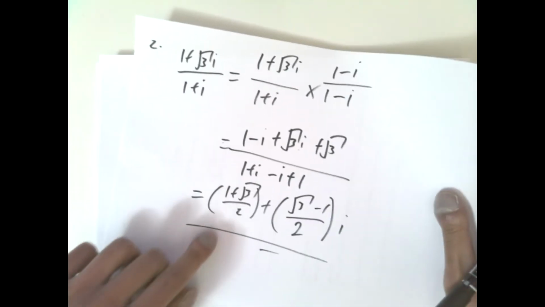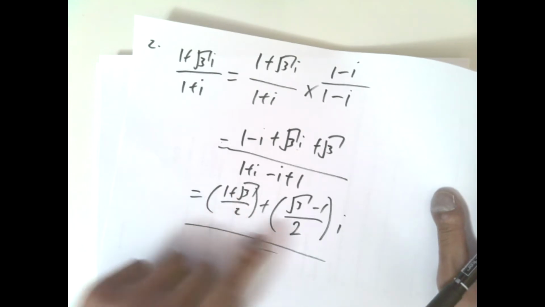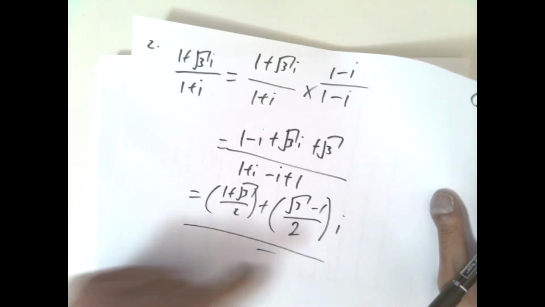using your answers in part A and part B, find the exact value of sine pi on 12. Well, we know that the Cartesian form of the complex number decomposes down to 1 plus root 3 all over 2, root 3 minus 1 all over 2. But because now we want the value of sine pi on 12, all we need to do is equate the imaginary components to the imaginary components.